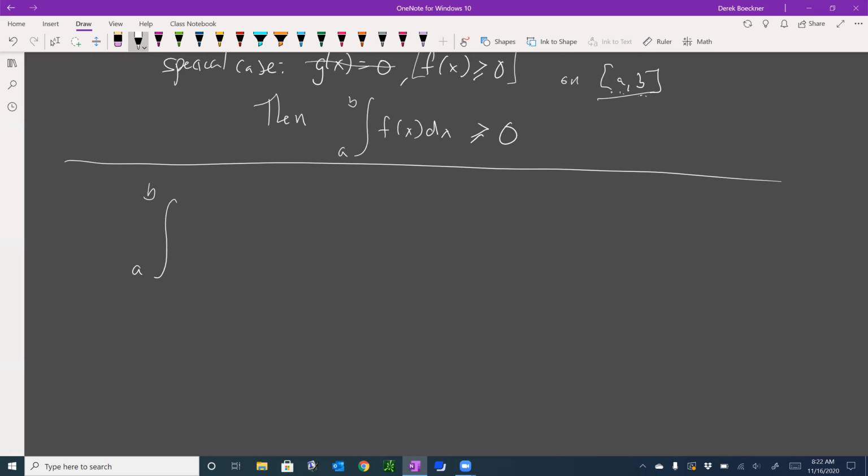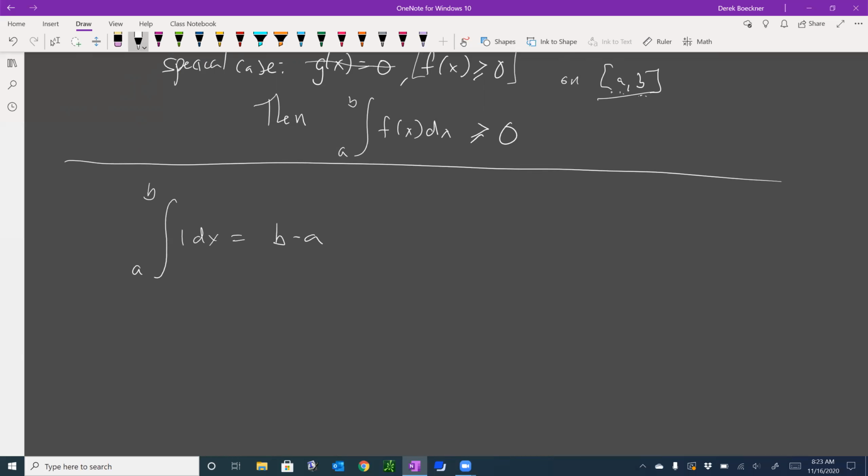Let's do this one first: the integral from a to b of 1 dx is equal to b minus a.